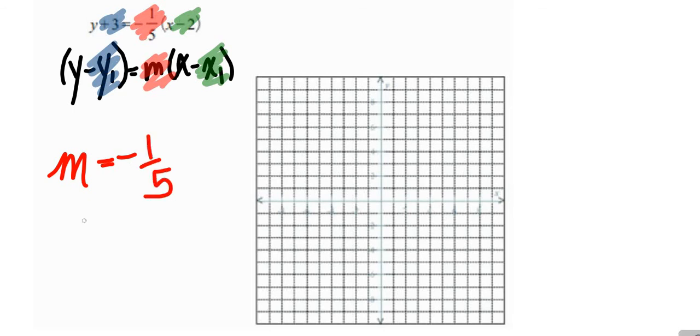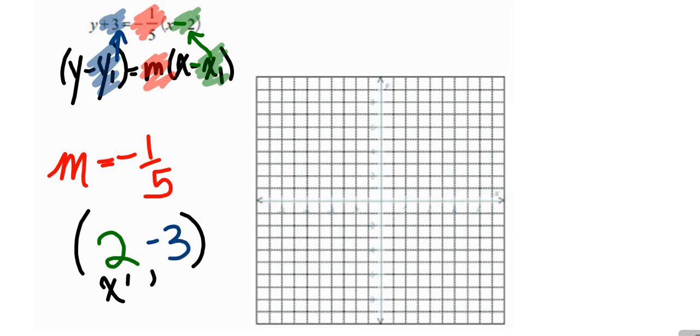Now, coming to the coordinates, x1, y1. Our x1, notice, it's got to be positive 2 there, because if we stick in a negative 2, it would have changed the signs, and it didn't. So it's positive 2. Here, the signs did change, so that had to be negative 3. So to graph this, you start at 2, negative 3.